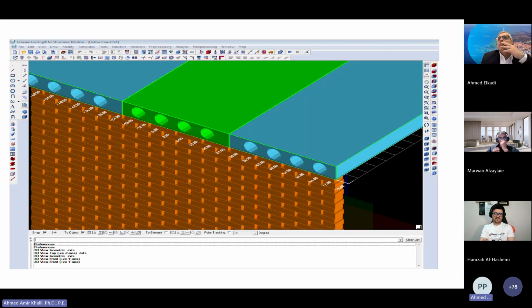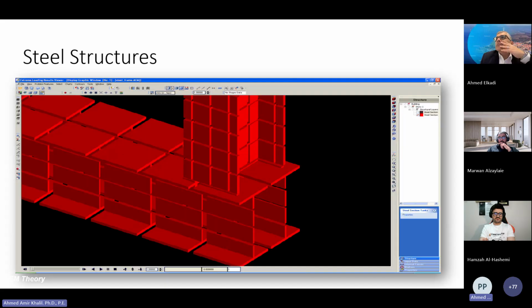So what is done differently? Because of the efficiency, the numerical efficiency, we are able to model details. If you have precast, pre-stressed slabs, we are able to model that. If you have masonry, we're able to model that. If you have steel structures with different mesh, the technique is flexible with the meshing.